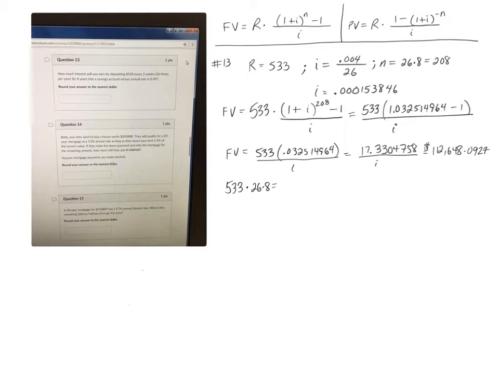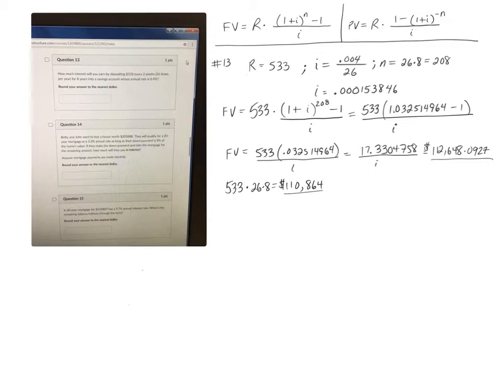So if I do 533 times 26 times 8, that's 110,864 exactly. So the interest would be the difference between these two: 112,648.0927, this number minus that number, would be how much was in interest.